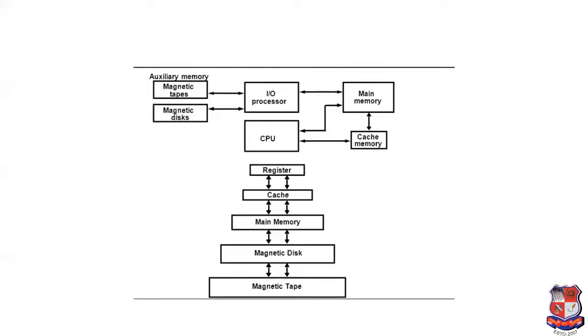Also, main memory is connected to cache memory and CPU in a two-way. So basically, CPU, main memory and cache memory, all three of them are connected in a bidirectional data transmission mode. The hierarchy is magnetic tape, magnetic disk, main memory, cache memory, and registers.